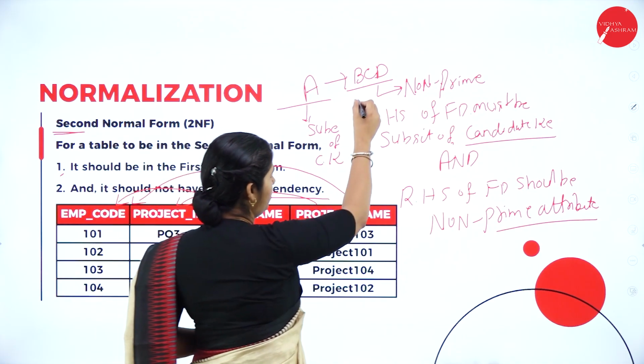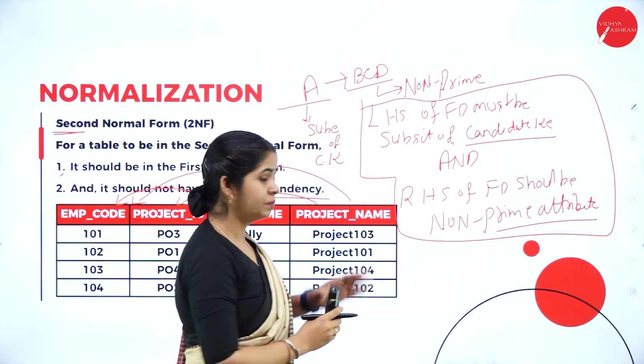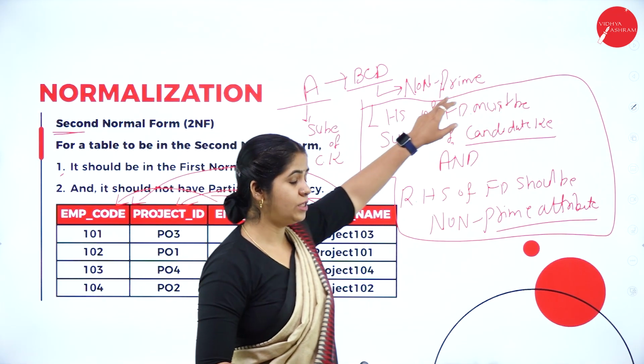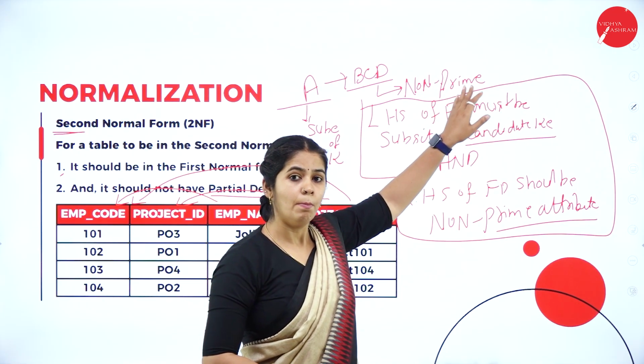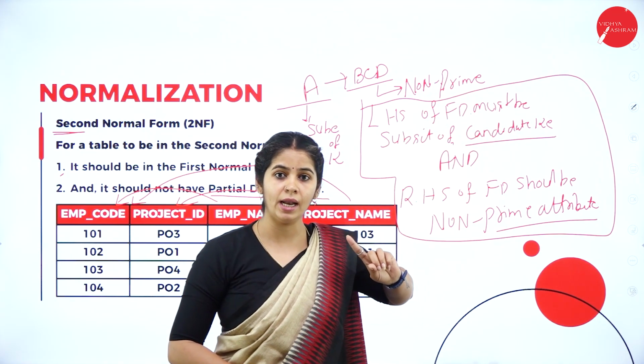Okay, this is very important, how to find the partial dependency by checking the condition. LHS of the functional dependency must be the subset of candidate key. It should not be the candidate key.